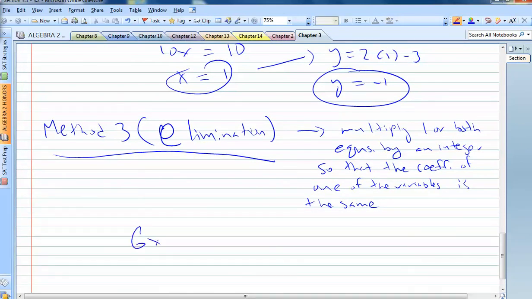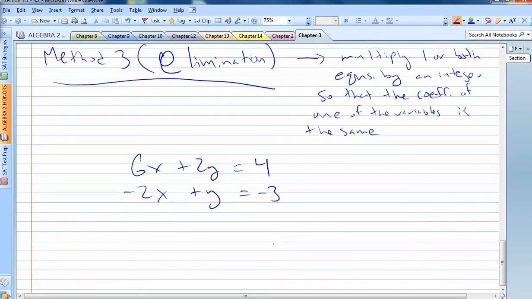So here we got 6x plus 2y equals 4. And negative 2x plus y equals negative 3.